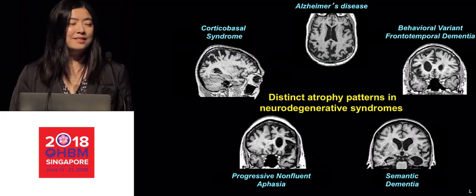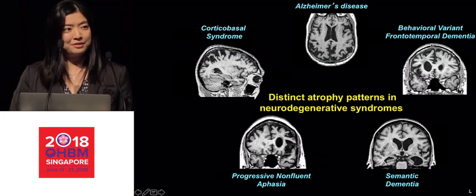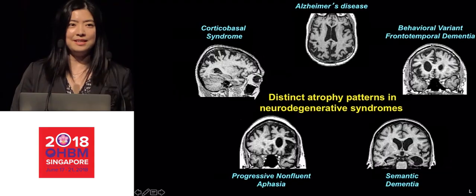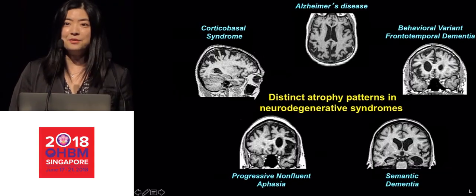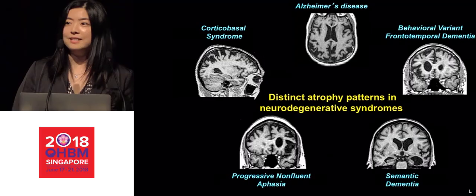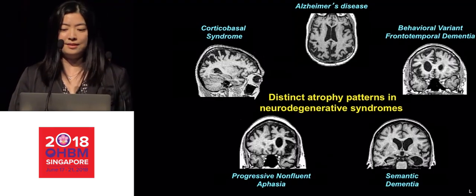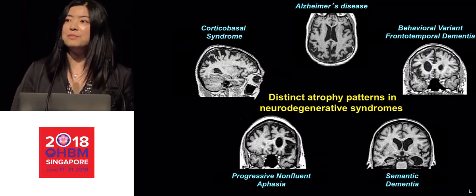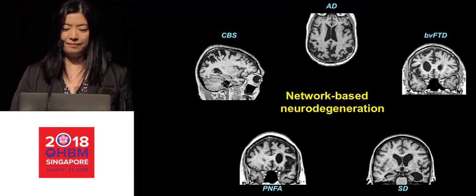In contrast, behavioral variant frontotemporal dementia, in short bvFTD, has atrophy in this anterior cingulate cortex and frontoinsular network, and they usually come with social-emotional dysfunctions.